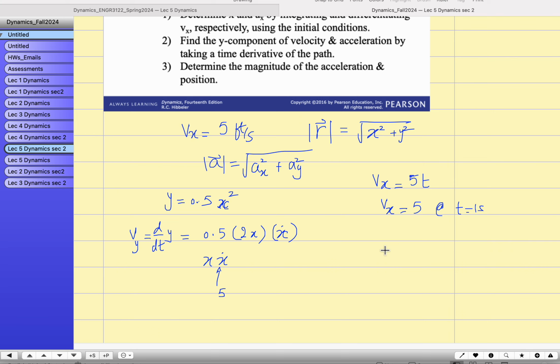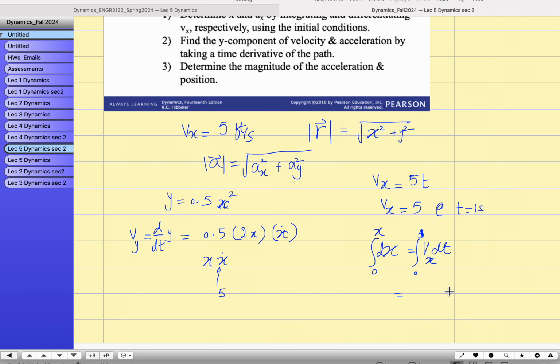Can I write dx is equal to vx dt, from 0 to the x position, and time from 0 to 1 second, because this is time dependent.